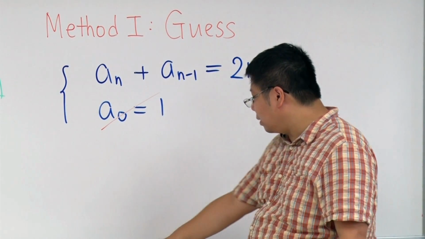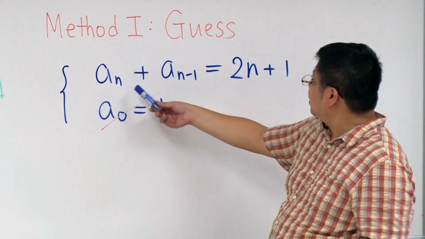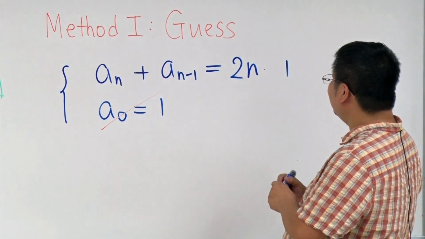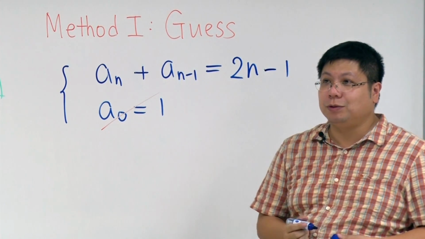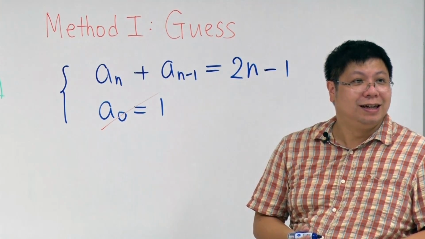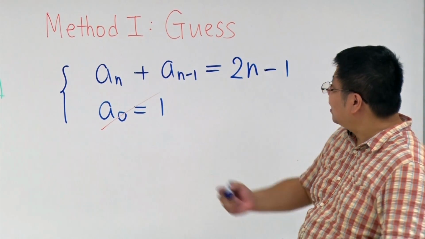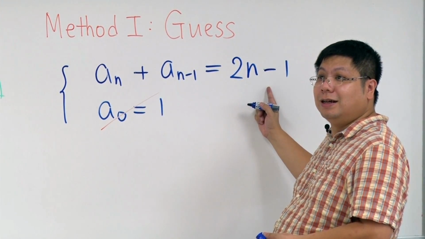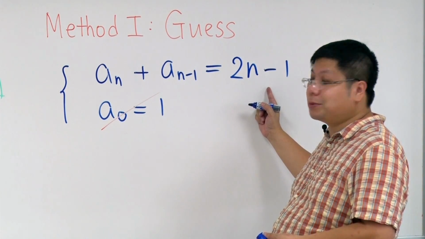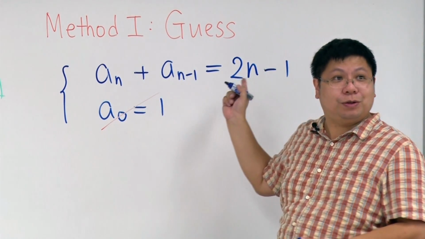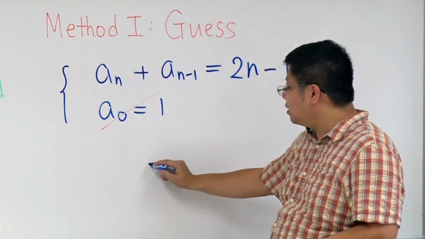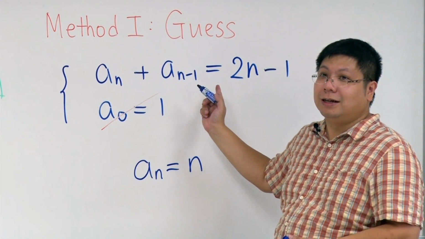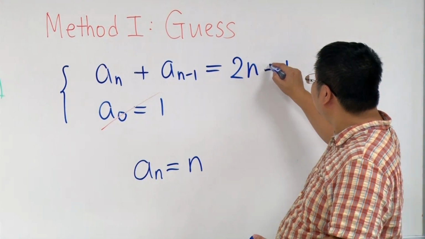If it is 2n - 1, then that will be great, right? If a_n + a_{n-1} turns out to be 2n - 1, what you may observe is n + (n - 1) = 2n - 1. So in that sense, let's guess a_n = n in this case. But how about 2n + 1?